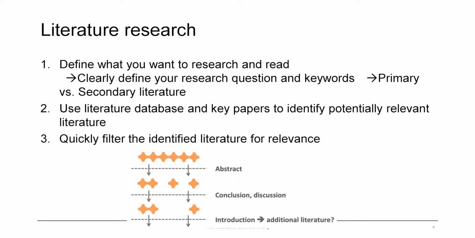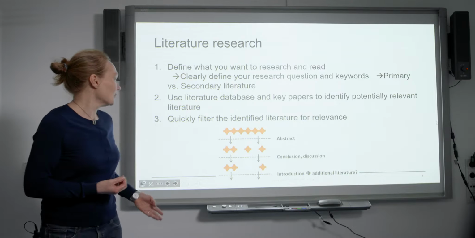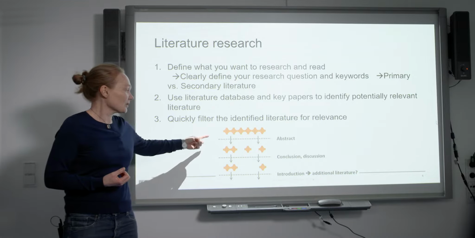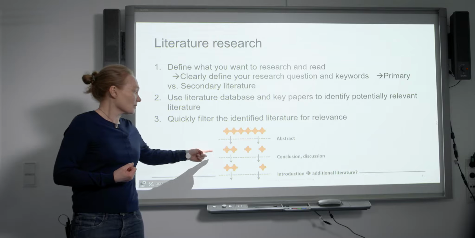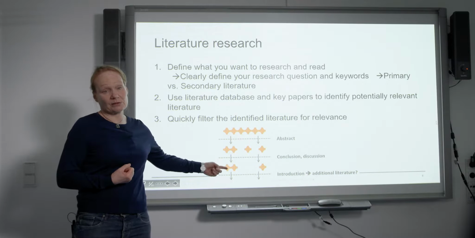Then you use the literature database and key papers to identify potentially relevant literature, and quickly filter it for relevance. As you can see here, most people will read the abstract, partly read the conclusion, but then it thins out.